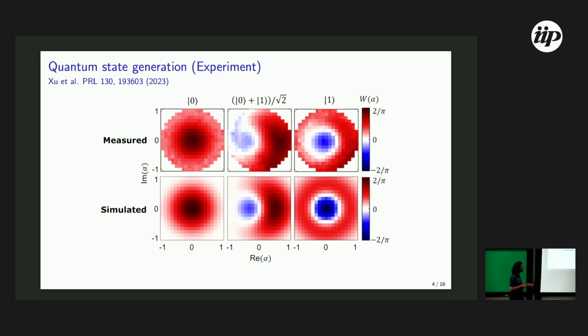If you have a Fock state, you still have a Gaussian but with a node in the radial direction, and the most important point is that it's negative in between. The negativity of the Wigner function is a guaranteed proof that the state is non-classical. A classical system will never have a negative Wigner function. Indeed, what they measured quite resembles what was expected, and they still see a negative Wigner function, which means they have created a non-classical state of magnons.